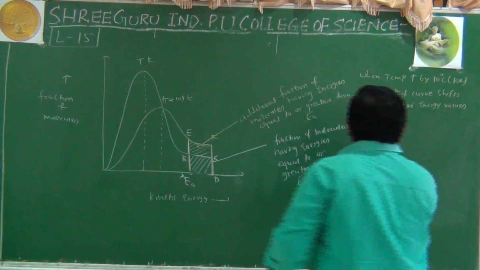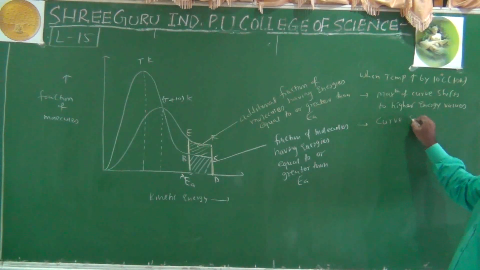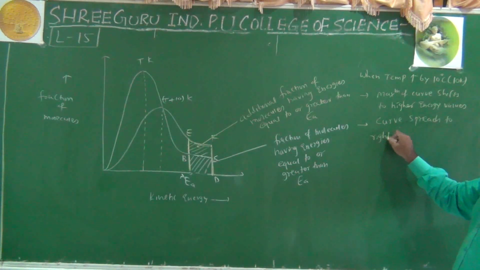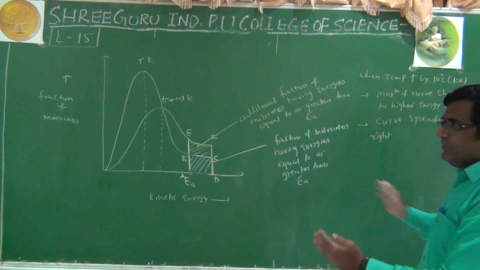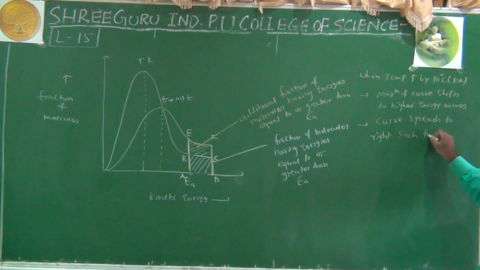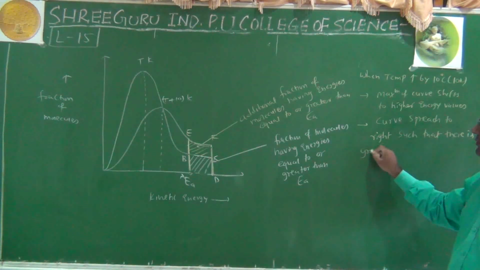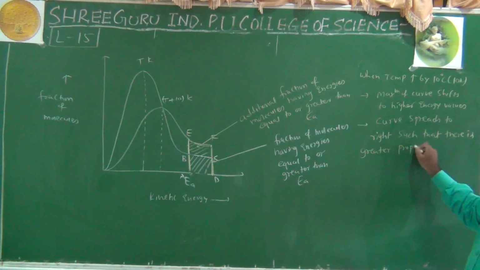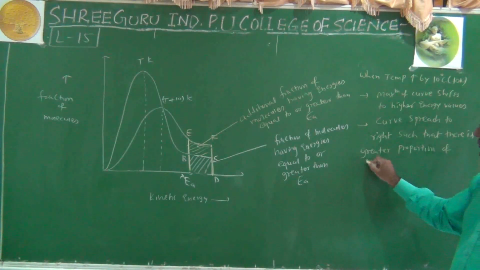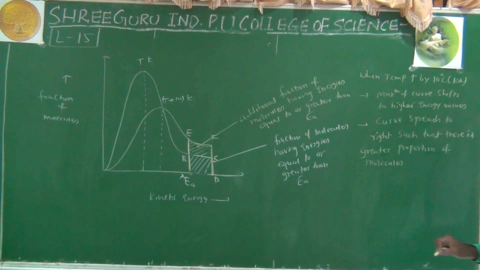The second point we can say is that the curve spreads to the right, in this direction, such that there is a greater proportion of molecules with higher energies.